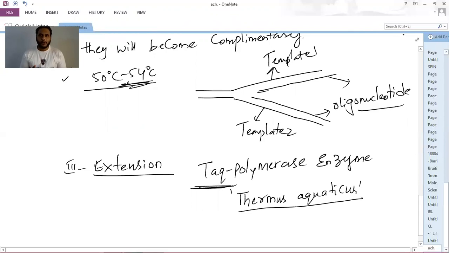Like DNA polymerase, it promotes the polymerization of the nucleotides, extending from 5 prime to 3 prime of the template.